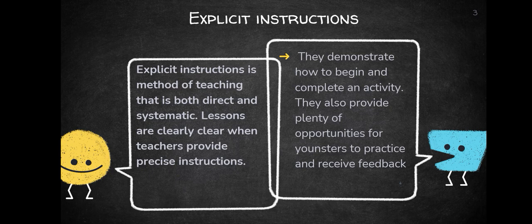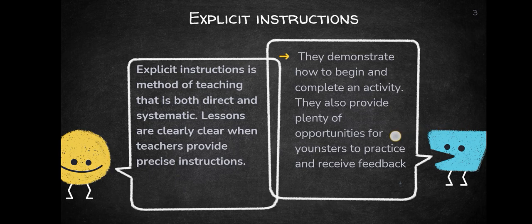So this is when clear guidance comes into play. It is appropriate for pupils of all ages. It can be taught to an entire class, a small group of pupils, or a single student. So how does a teacher or an educator use this explicit instruction? Here is a sequence of steps in explicit instruction.